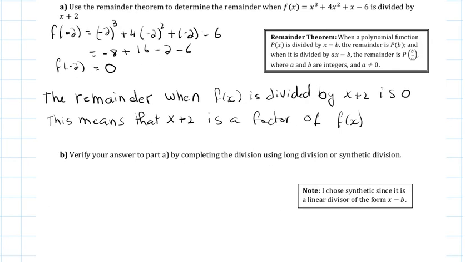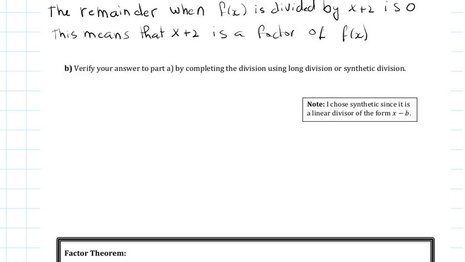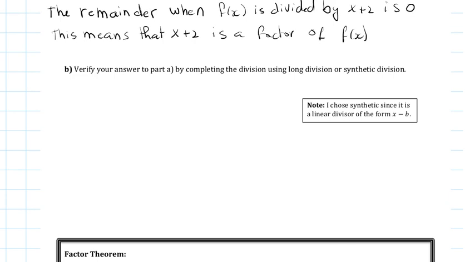Pressed the wrong button here, one second. Now let's verify by completing the division using long or synthetic division. I chose synthetic division since it's a linear divisor of the form x minus b.